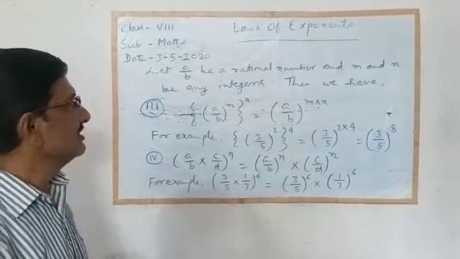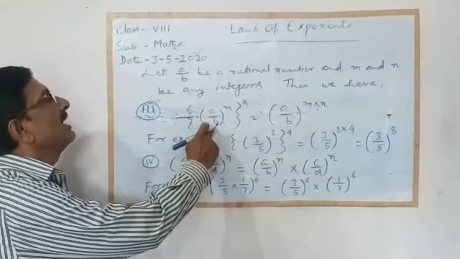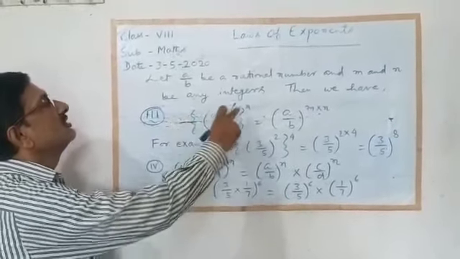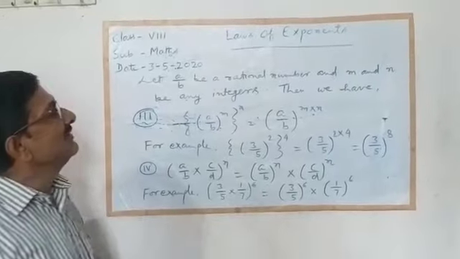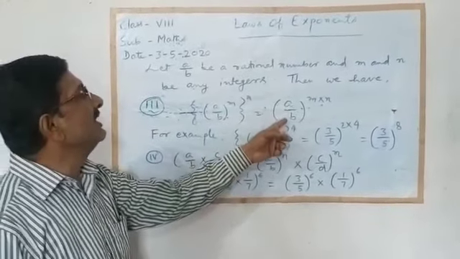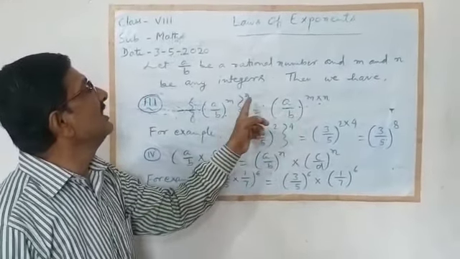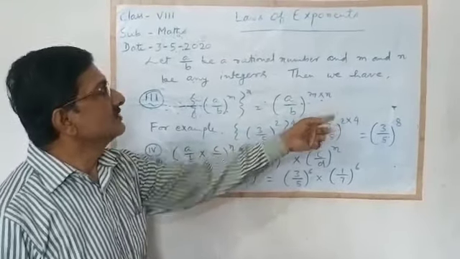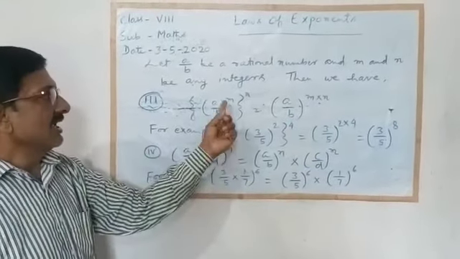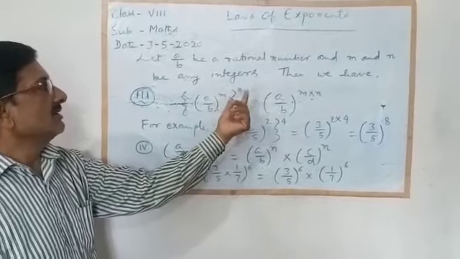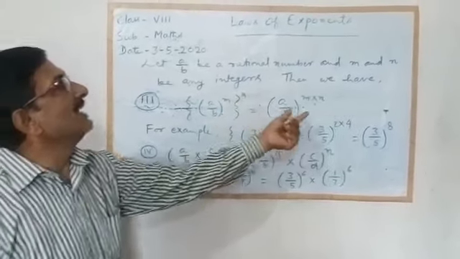Third law is, when (a/b)^m and whole to the power n, that will give you (a/b)^(m×n). Here both the exponents have been multiplied.